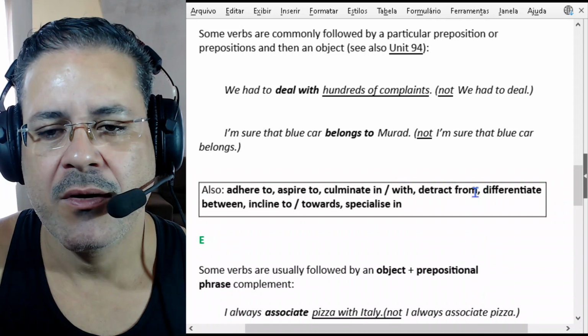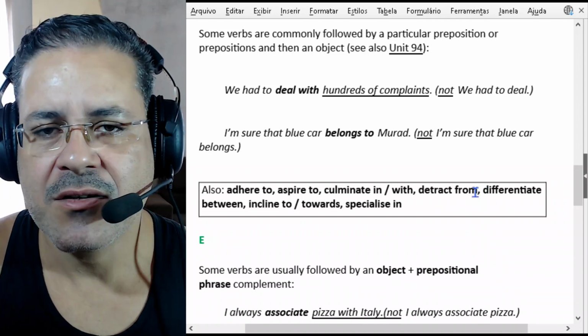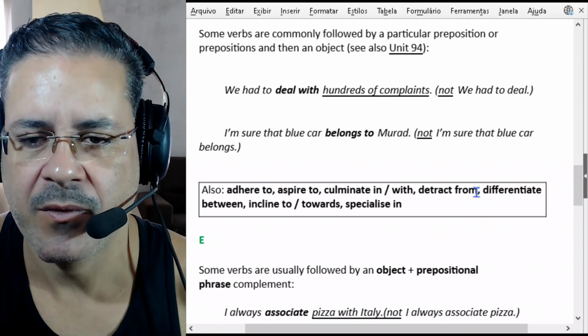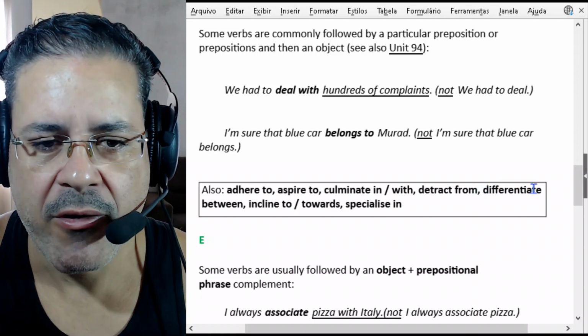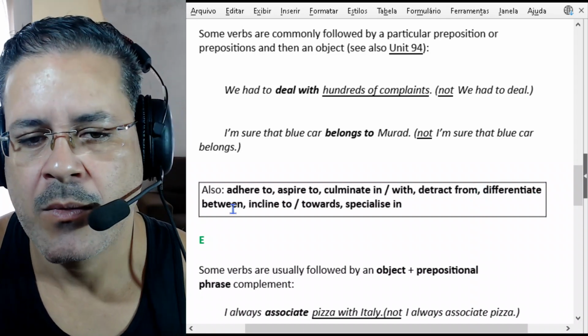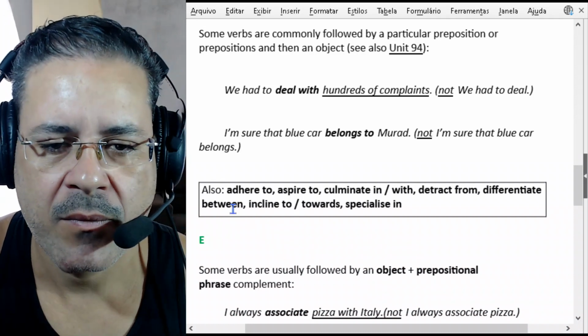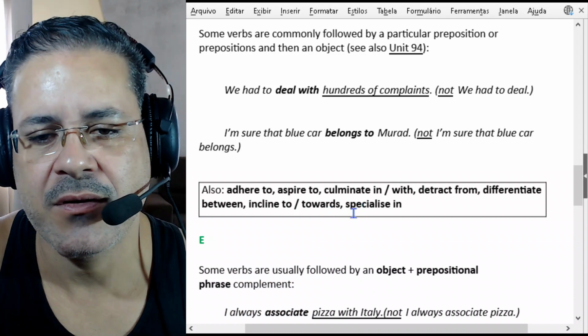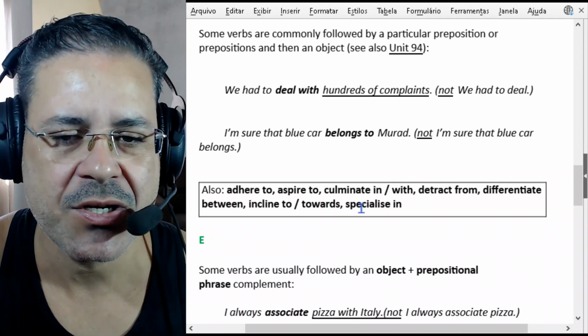For example, you can't detract from your principles and virtues. To differentiate between A and B, or incline towards, or even specialize in something.